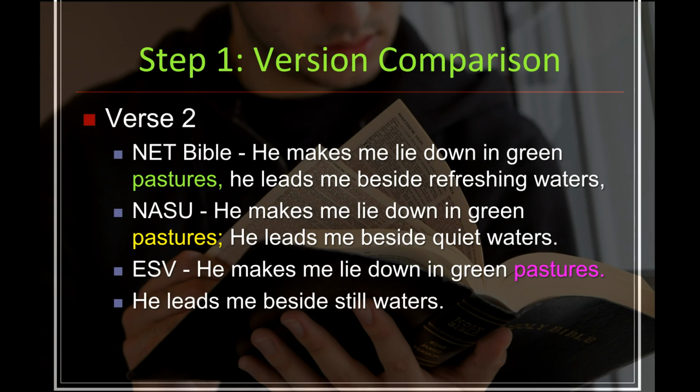For instance, in verse 2 of Psalm 23, note the differences in punctuation. The NET Bible uses a comma, as shown here after pastures. The NASU uses a semicolon, and the ESV uses a period.